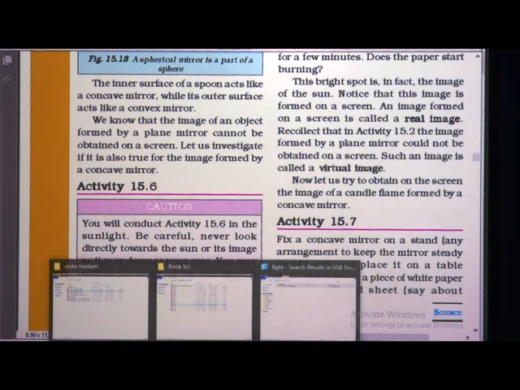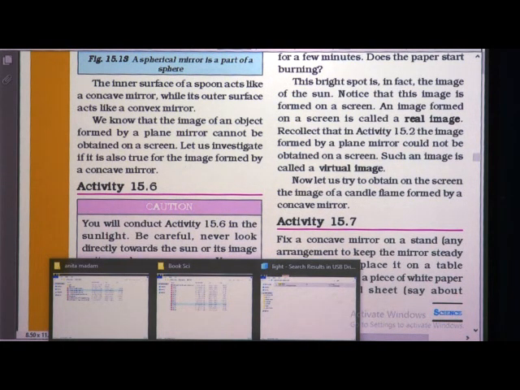So in our previous session we learned that we can get different types of images from the concave mirror. Which images do we get from the concave mirror? Do you remember? Tell me which types of images we can get from the concave mirror. Correct.